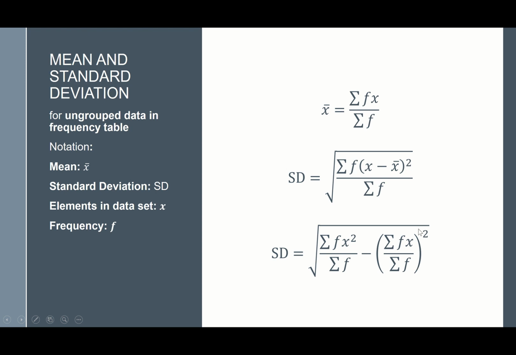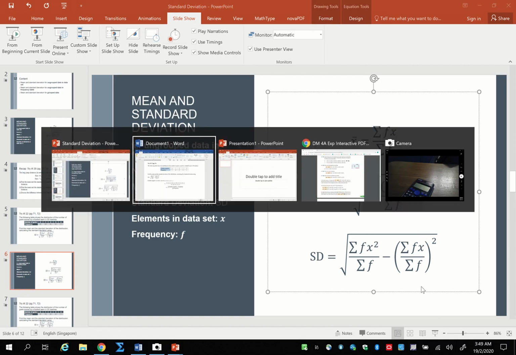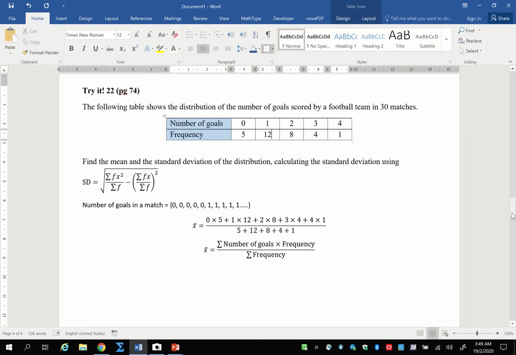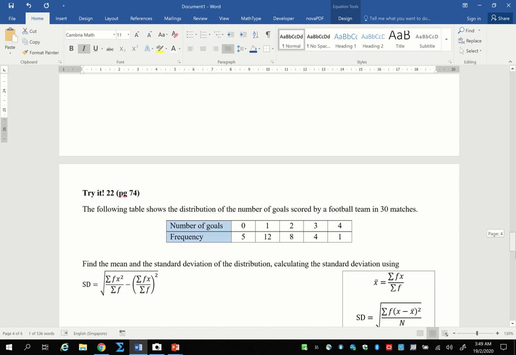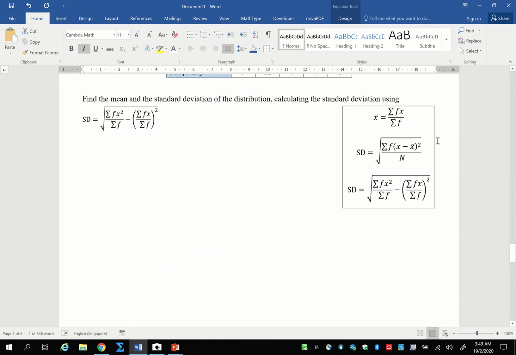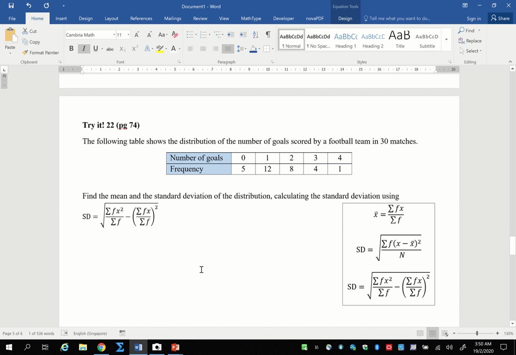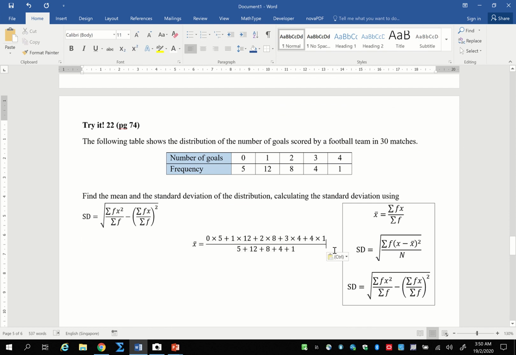So how can we apply the formula to this particular question? Let's copy this first, and apply it. For the mean, it's quite straightforward, as shown in the previous page.